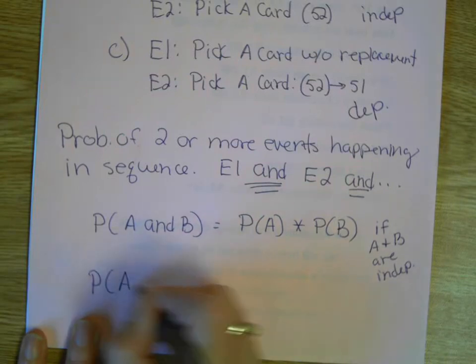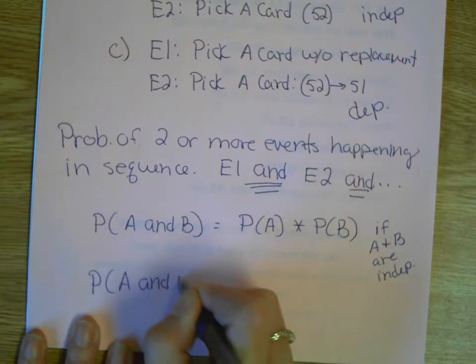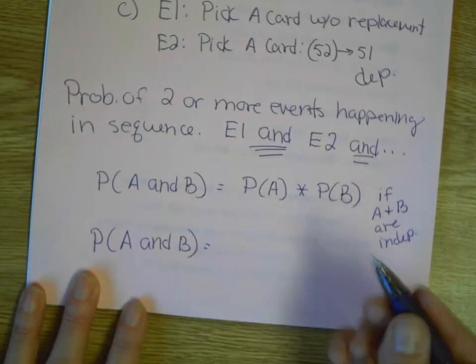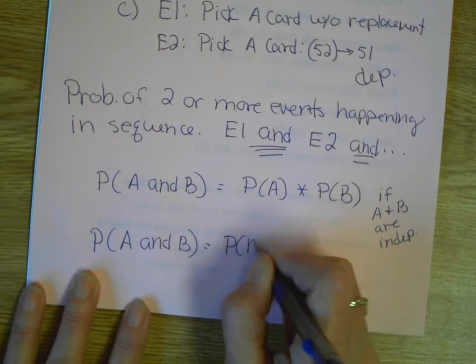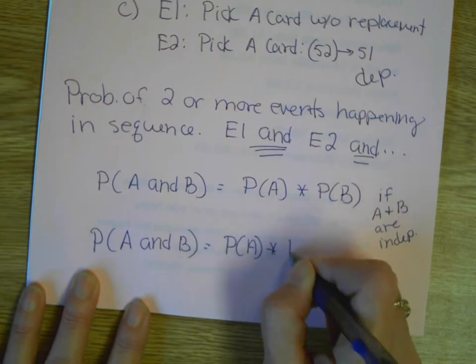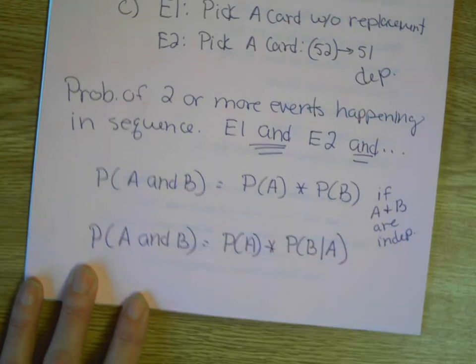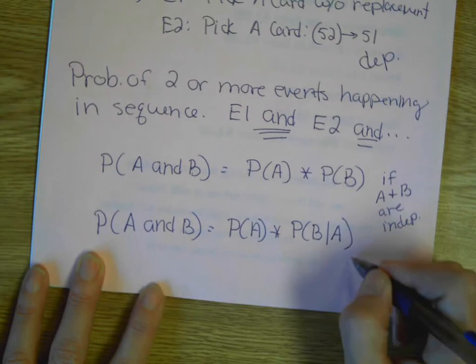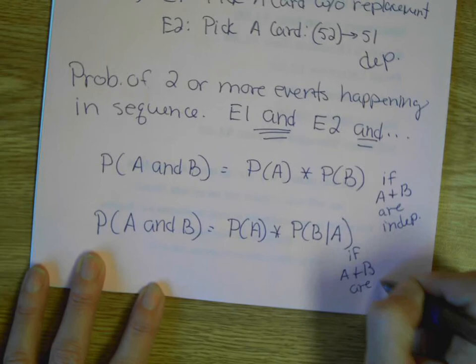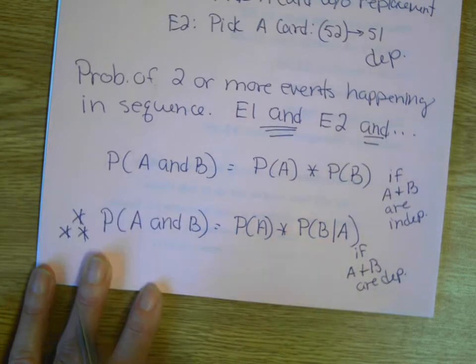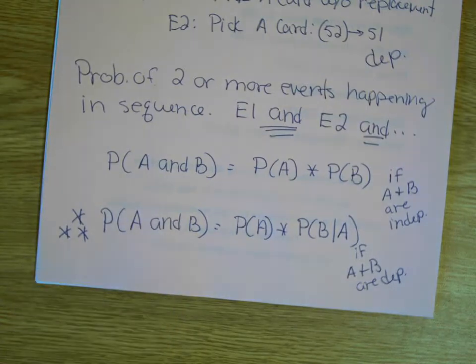But if they're dependent, you got to remember to change the second one's sample space. So the formula looks like this. I always just think about them as dependent, and I'll show you why. Because then you won't forget to change that second one sample space.